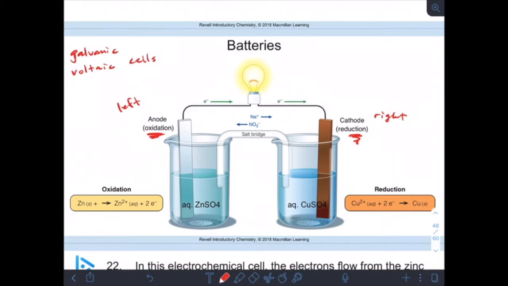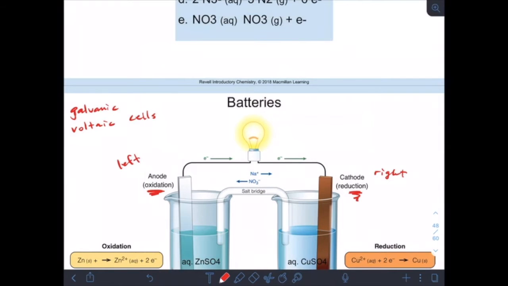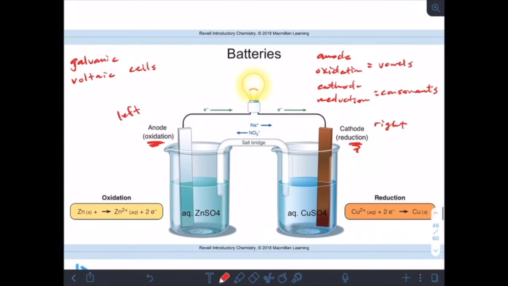The way you can remember that is that anode and oxidation start with vowels, and cathode and reduction start with consonants.